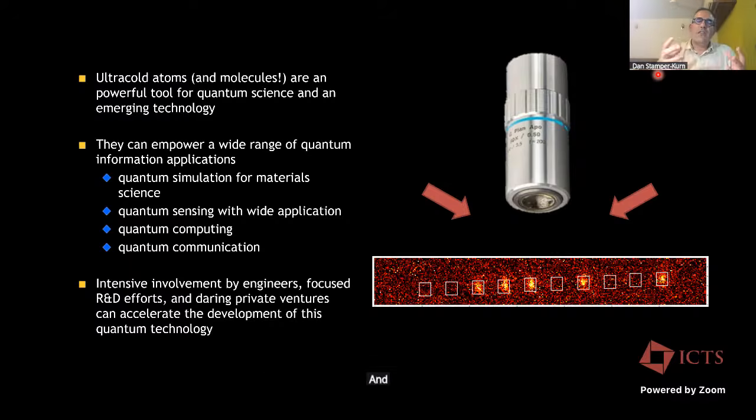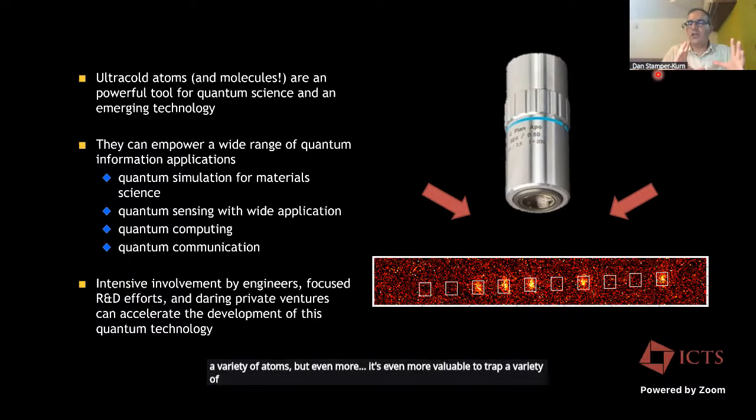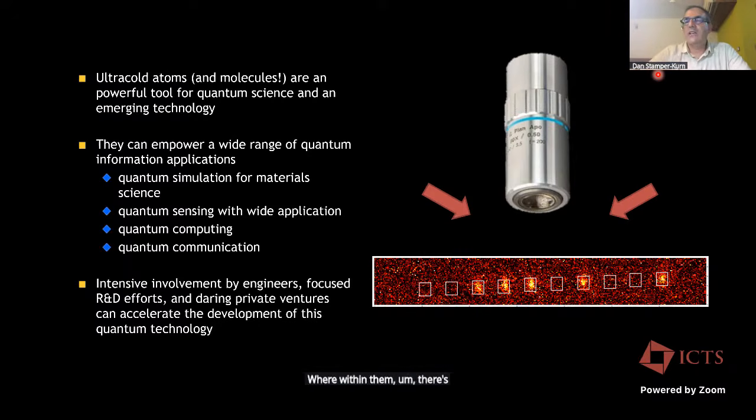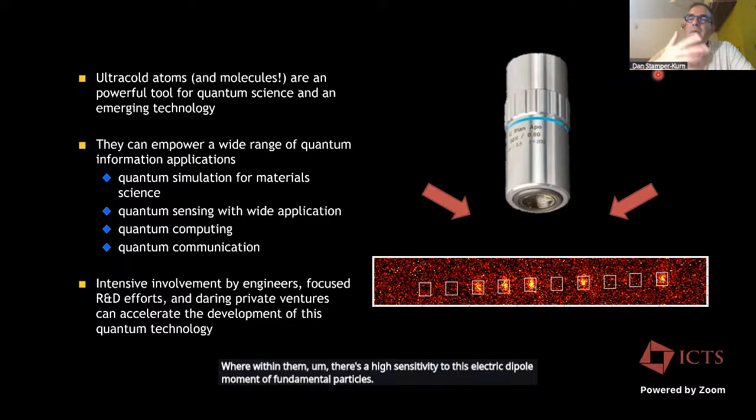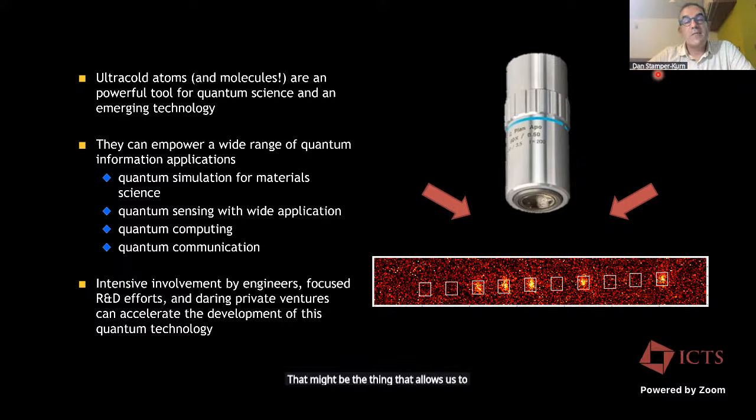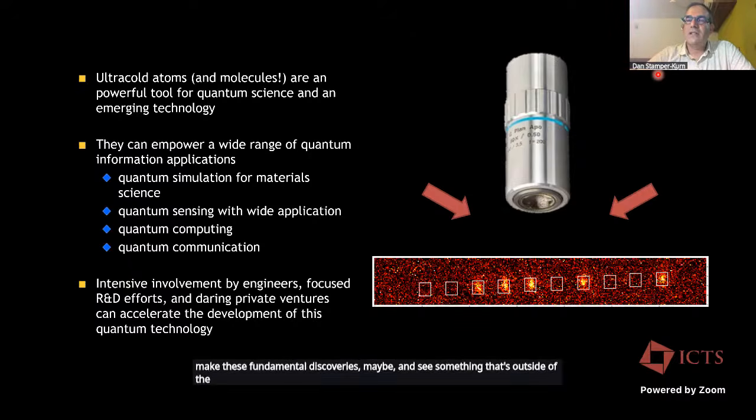And we think that if you can trap a variety of atoms, but it's even more valuable to trap a variety of molecules where within them there's a high sensitivity to this electric dipole moment of fundamental particles, that might be the thing that allows us to make these fundamental discoveries, maybe, and see something that's outside of the standard model of physics.